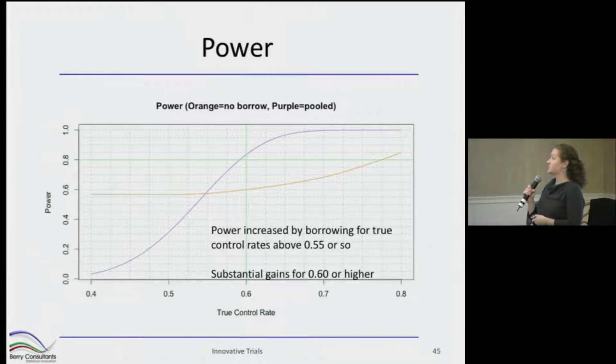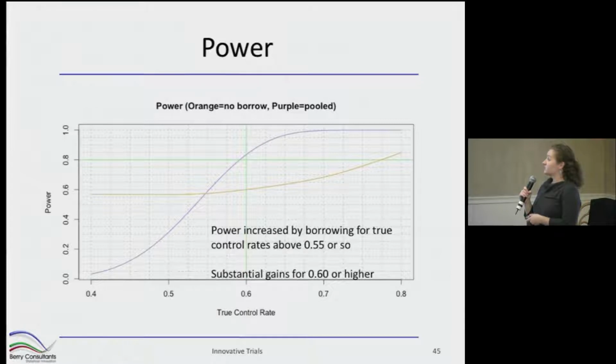So the orange line here is if we just do that 2-to-1 randomization, but we ignore those 72 patients that were responders on the previous trial. So if in fact our true control rate is 60%, so it's on point with what we saw in that previous study, we see these big gains between pooling that data together and ignoring it.